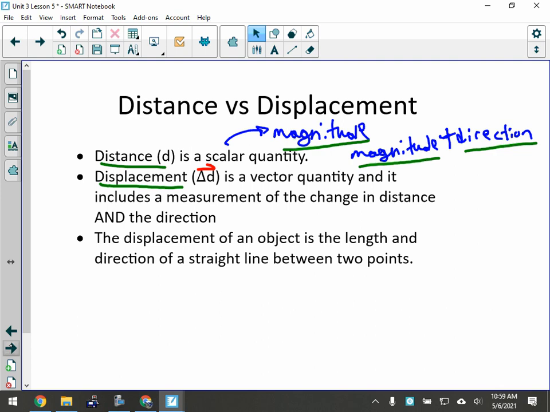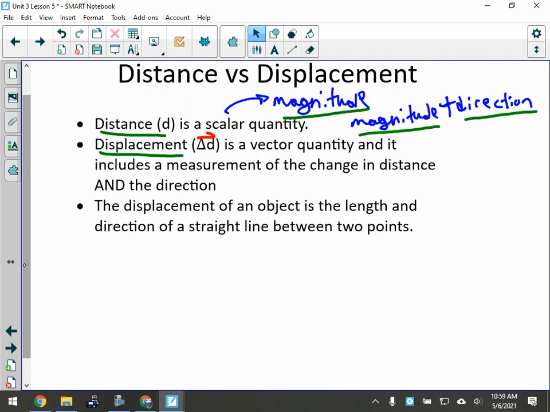So displacement is a vector quantity, and it includes a measurement of the change in distance and the direction. Okay. And here is kind of the difference between them. You have this in your notes. Hopefully you can see this. But the difference is quite, like I said before, I kind of misspoke, I guess. There is a bit of difference between these two, of course.